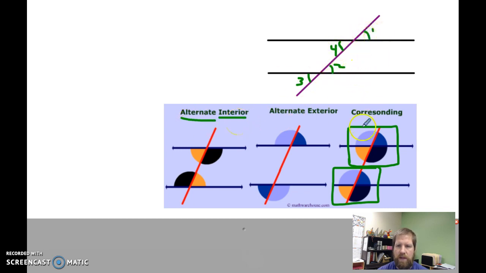Okay? And basically, because we know these are all equal to each other, or equal to another angle, we know that they're all equal to each other. Same goes for the obtuse angles. They're also going to be corresponding, have alternate exterior and alternate interior angles.